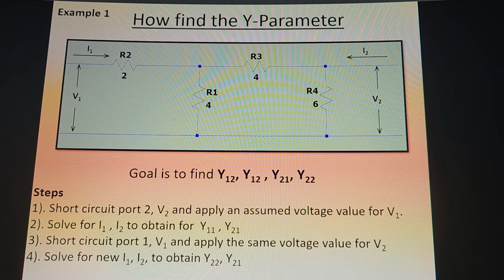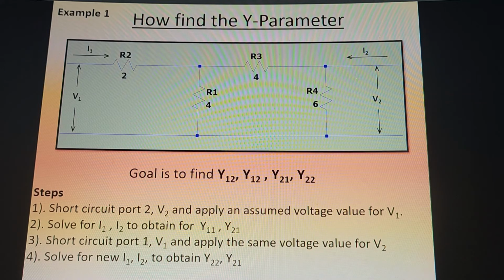Here we have a circuit that was created in LTSpice so that the derivation of the four significant values of the Y matrix, Y11, Y12, Y21, and Y22 can be found. In this example, the process is started by shorting the right side of the circuit, making the R4 resistor irrelevant, as the shorted port 2 will be the path of least resistance, and also adding a power source to the left, which will be shown on the next slide.